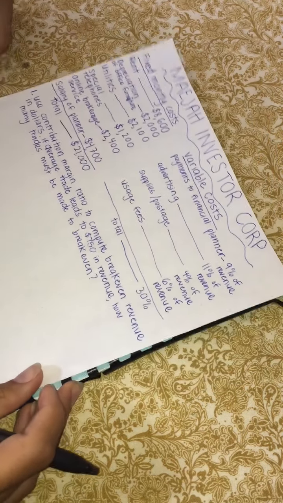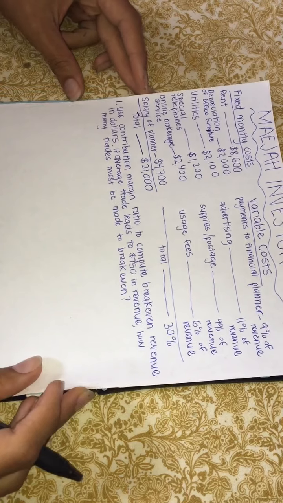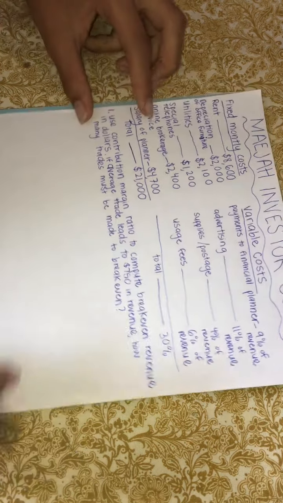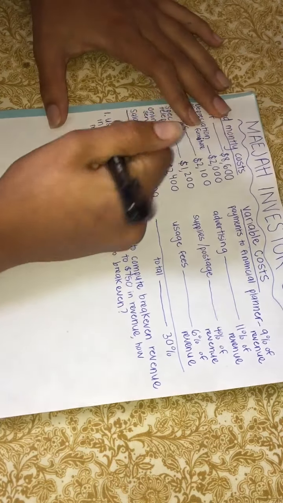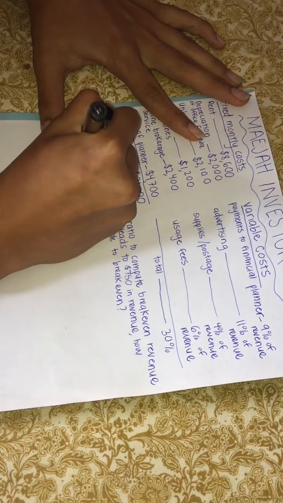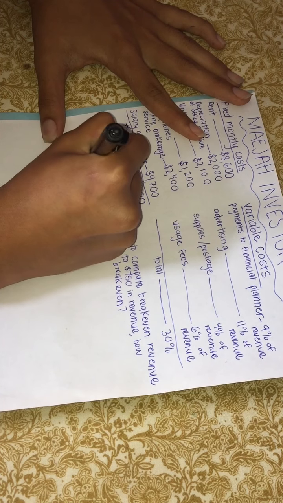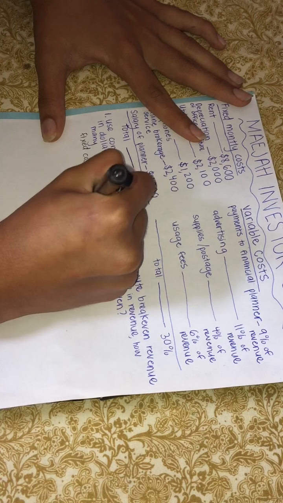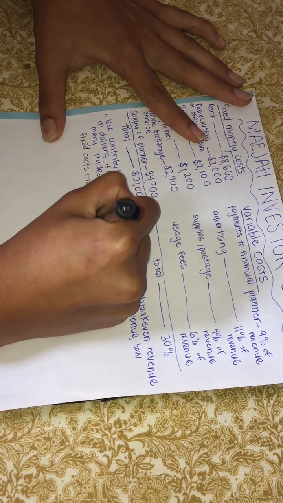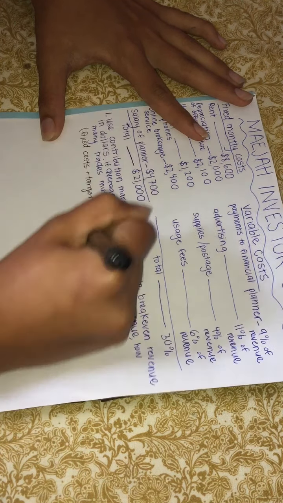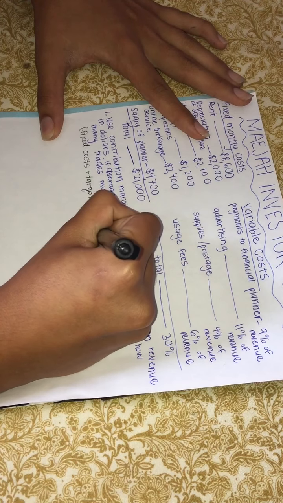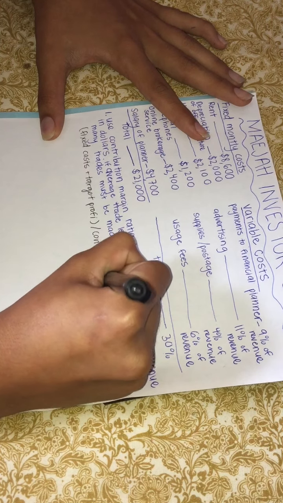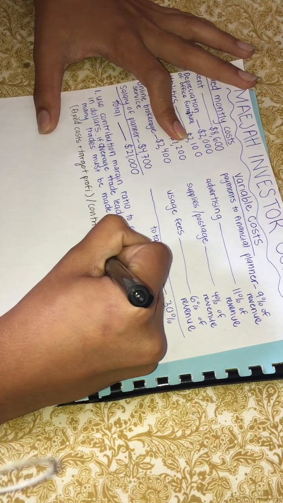So companies use the contribution margin ratio to compute the required sales in dollars, and that is fixed costs plus target profit divided by the contribution margin ratio.